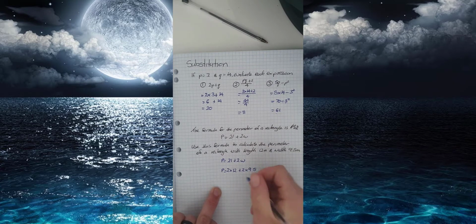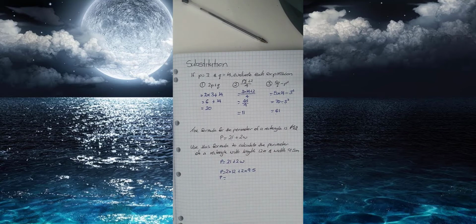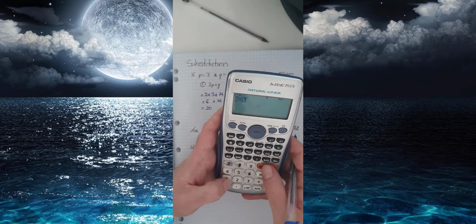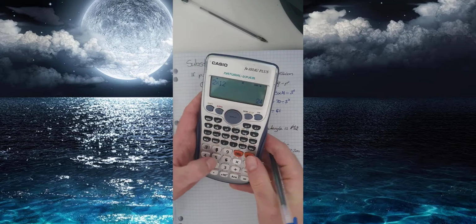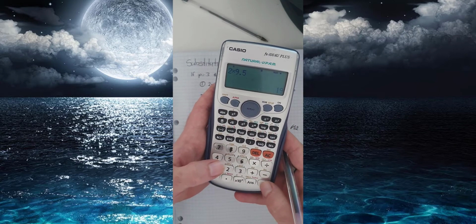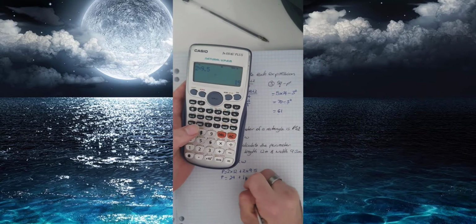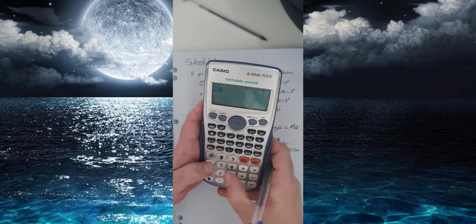So 2 times 12, 24 plus, again, I like to do it in steps. I like to write it out in steps. It shows the marker, if you're doing this in a test, each and every step that you're doing. The marker isn't having to insinuate what you're doing. 43.